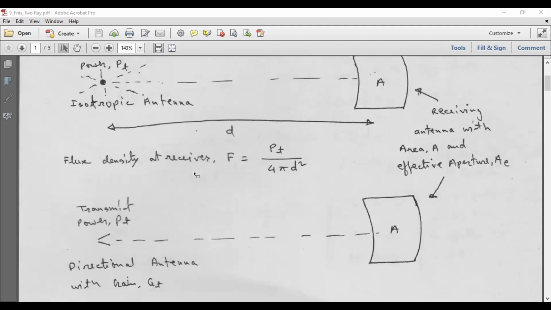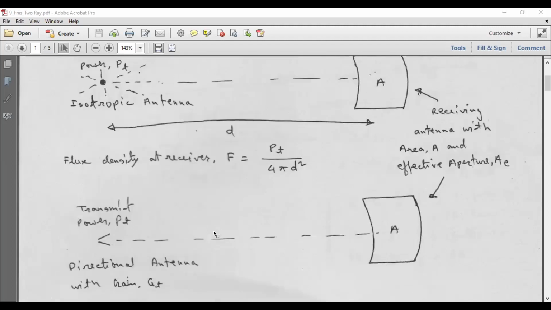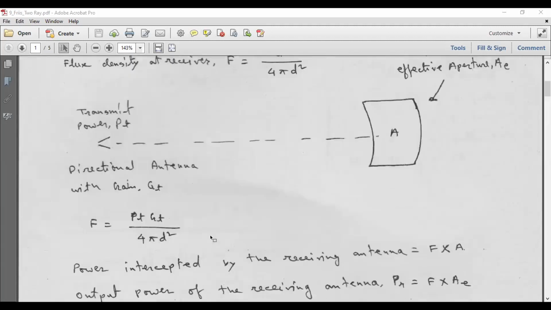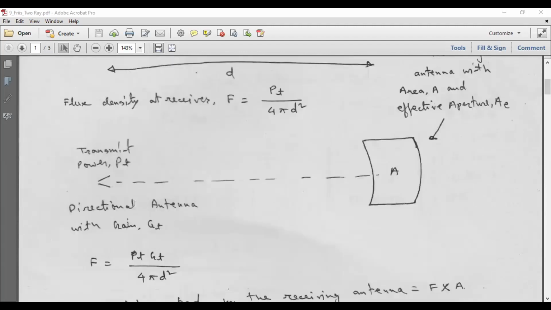So meaning that in the first example we had isotropic antenna. So if I multiply by G the directivity, then I would get what I have with directional antenna, right?